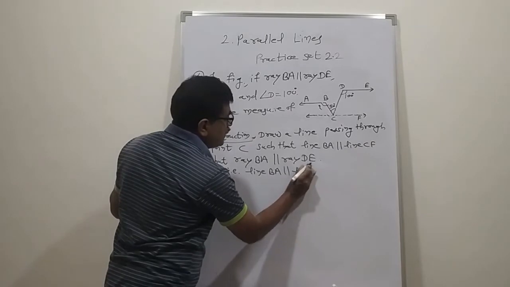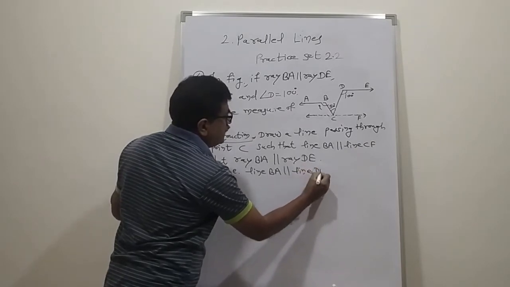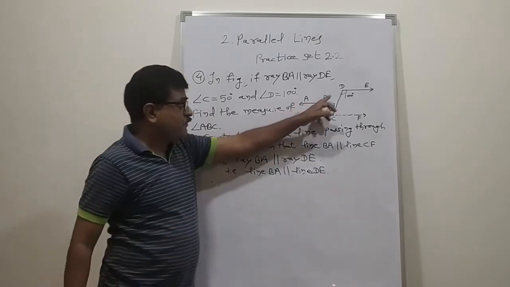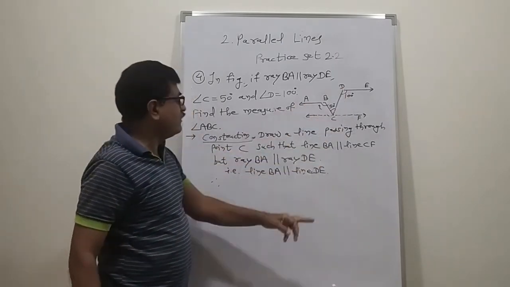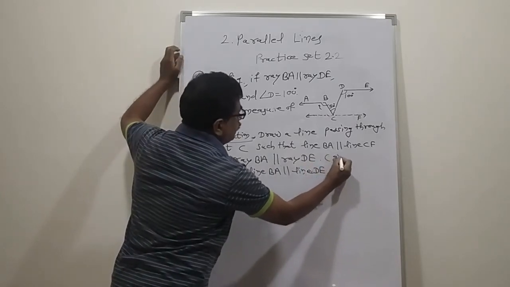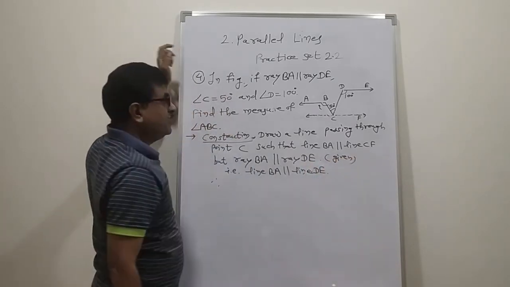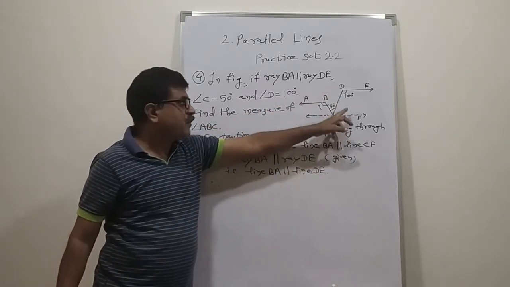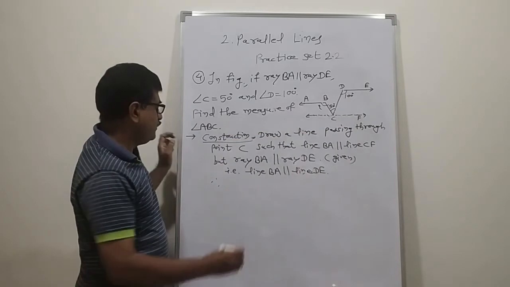This is given. These two are parallel, and this is the construction. Therefore, these two lines are parallel.